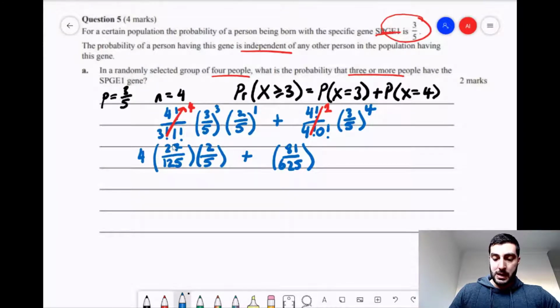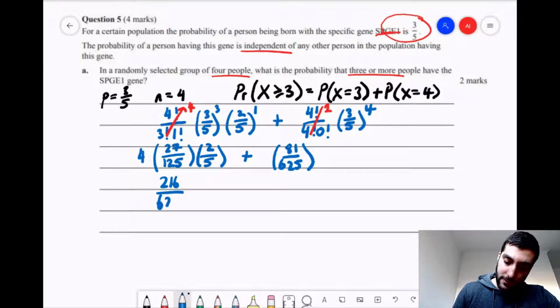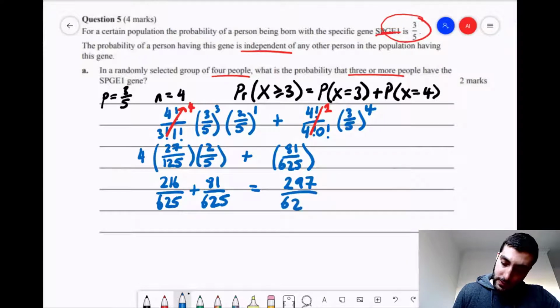So that's an easier way to just go 54 times 4 is going to be 216 over 625 plus 81 on 625. So that gives us 297 over 625 as the final answer for that question.